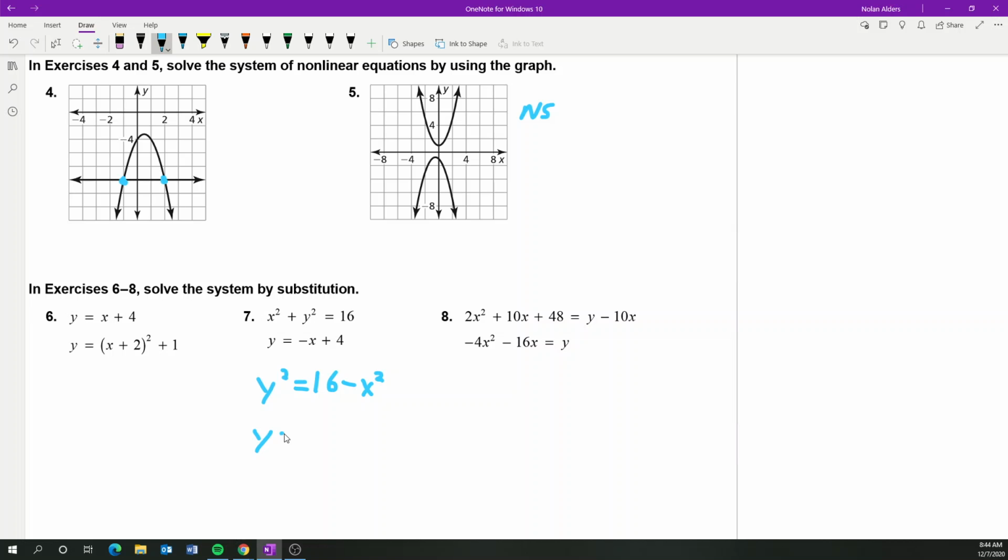So y would be the square root of 16 minus x squared. So we would type into Desmos the square root of 16 minus x squared. Over here, we would have to add this 10x over to the left side before we could type it into Desmos. So just be sure that your equation is solved for y before you type it into Desmos, and then you should be able to get your answer.